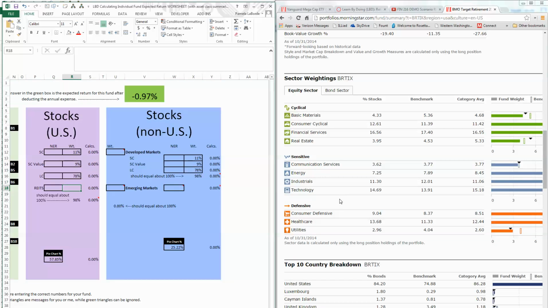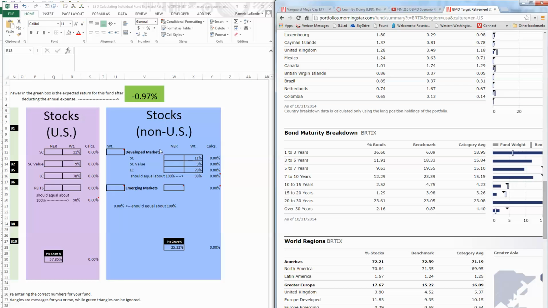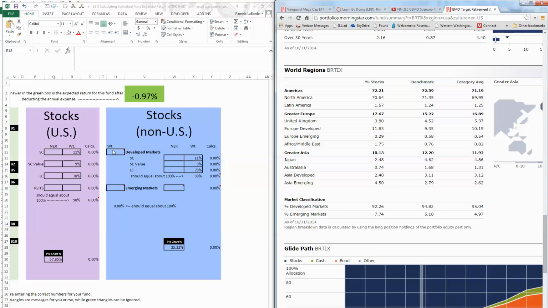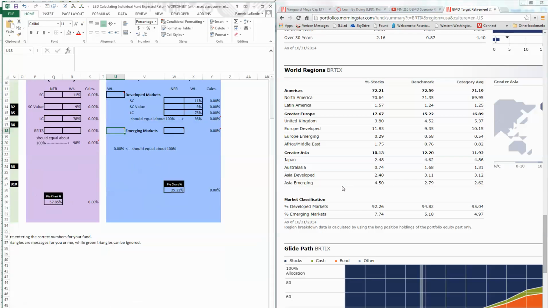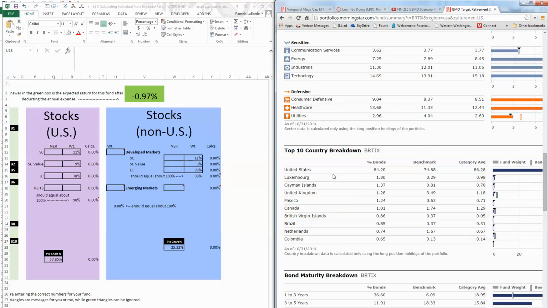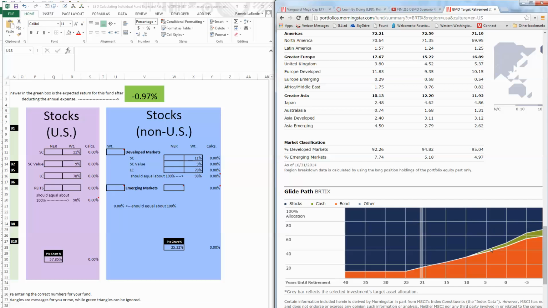Now I need to determine, in my foreign stocks, what portion of them are developed markets versus emerging markets. That is all the way at the bottom of the Morningstar webpage under the equity breakdown. Actually, most of you won't see this glide path section.